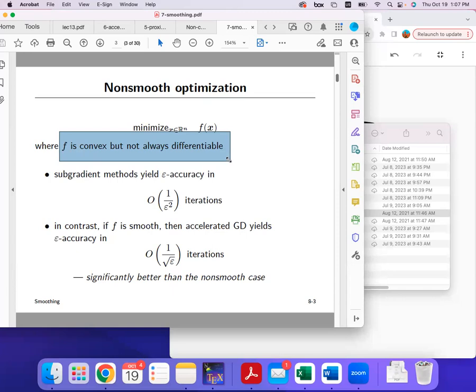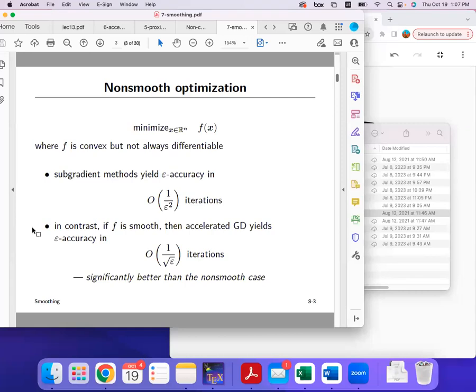When f is not differentiable, we can compute the subgradient and do subgradient descent. For the subgradient method, we have shown that the iteration complexity is 1 over epsilon to the power of 2. So to attain an epsilon accuracy, we need this many iterations.